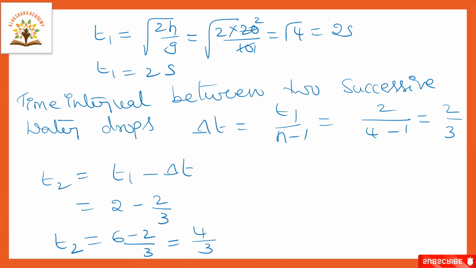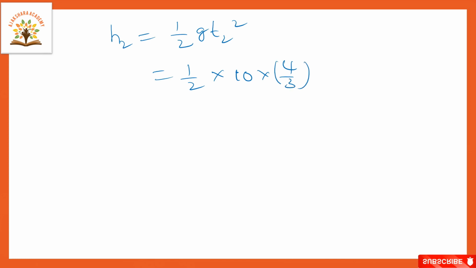So now next, height of the second drop from the tap, H2 is equal to half g t2 square. So that is equal to half into 10 into t2 value 4 by 3 whole square. 2 ones are 2, 2 fives are 10, 5 into 4 square, 16 by 9. So that is 16 fives are 80 by 9.